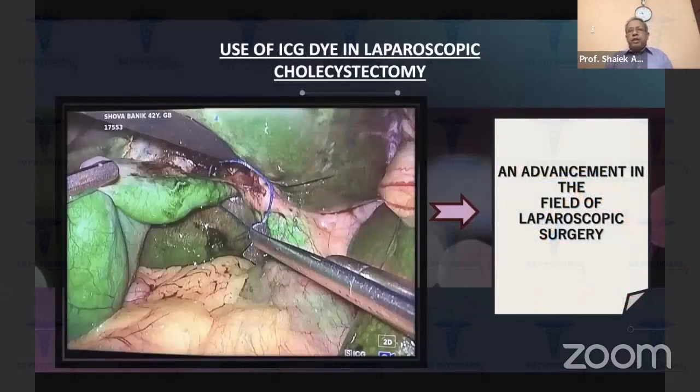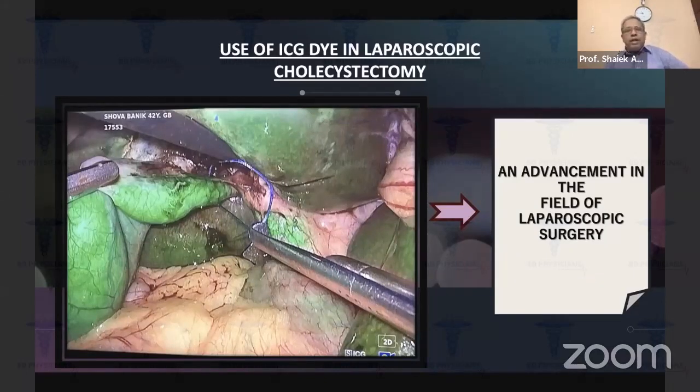Another important thing nowadays, there is a demanding issue, that is ICG dye administration before doing cholecystectomy. That means the dye is injected 25 to 30 minutes before doing cholecystectomy. It passes through the circulation, goes to the liver, then passes through the biliary tree.